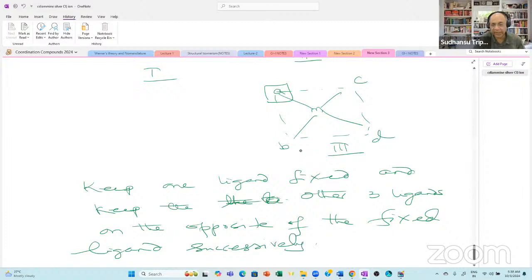Successively, you bring one at a time of the remaining 3 ligands opposite to the fixed ligand. Whether you keep A fixed or B fixed or C fixed, it is immaterial.